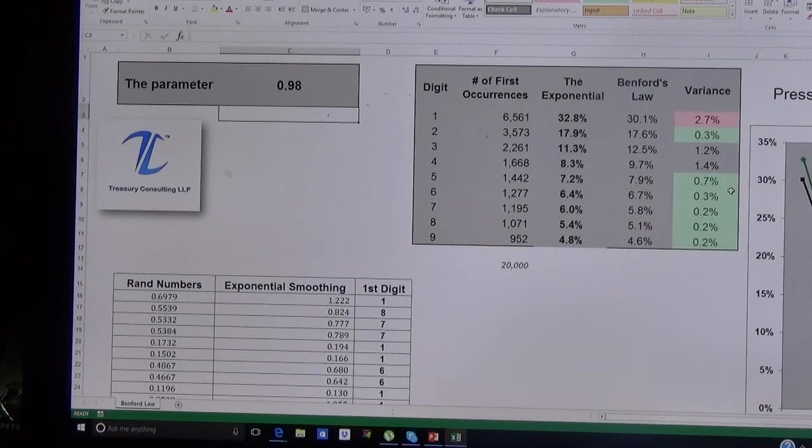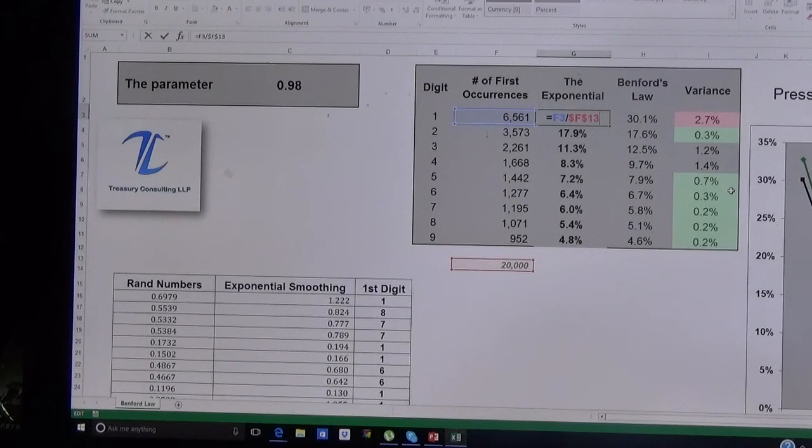You can see that in column F the total is 20,000. The exponential smoothing value 32.8 is nothing but a percentage, which you can see here. I press F2, and this is 6561 divided by 20,000, so this is 32 something. And this is the formula of the Benford law, which remains intact. This is the formula, log natural.